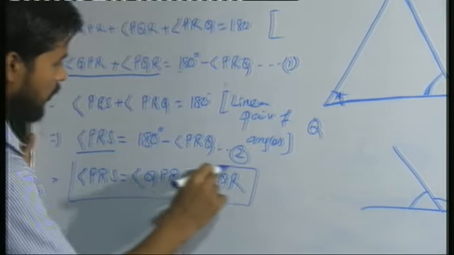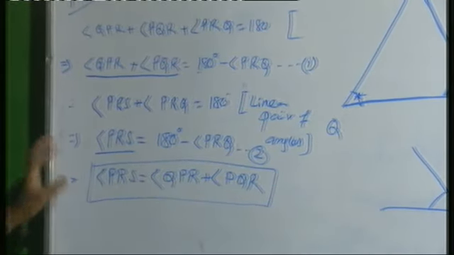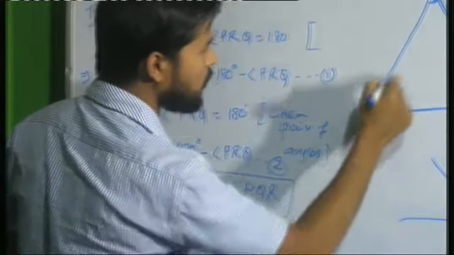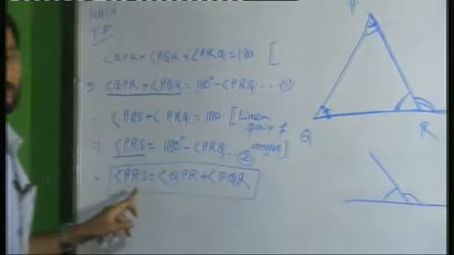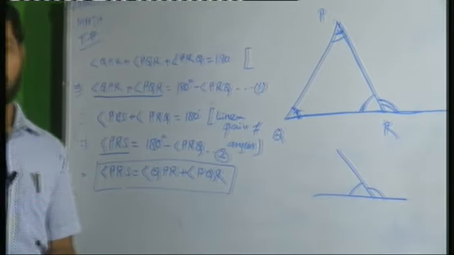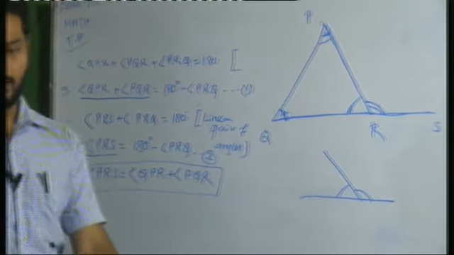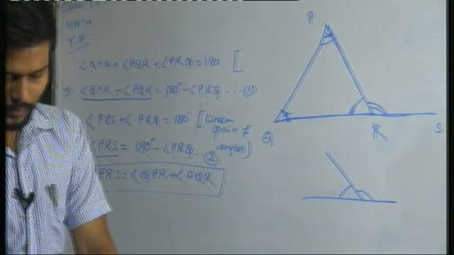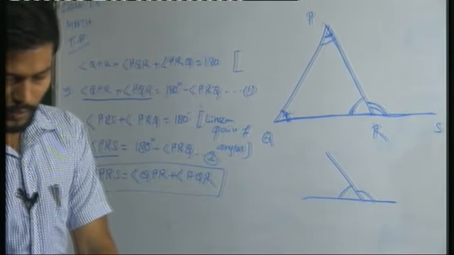That means this angle PRS is equal to the sum of this angle plus this angle. This is called the exterior angle property of a triangle. Okay, those were just two theorems we have learned. Now we'll solve some problems from your exercise.